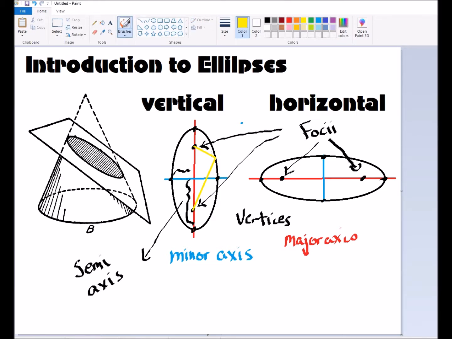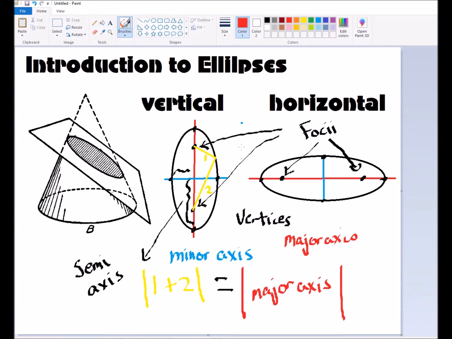Let's call the lines 1 and 2. If you add the two lines, 1 plus 2, the length is equal to the length of your major axis.